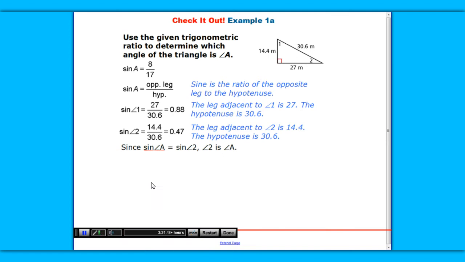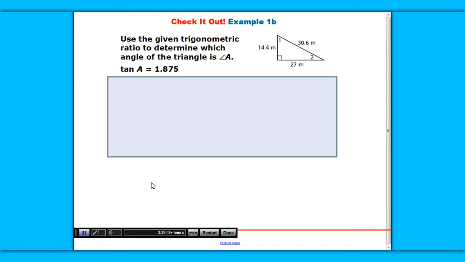Remember that important hint that you should not round until the very end when you're using your trigonometric ratios, okay? Use the given trigonometric ratio to determine which angle of the triangle here is angle A, and now we're talking tangents. Tangent A. Pause and come back. Once again, tangent, we got to remember that relationship. TOA, opposite over adjacent, right?